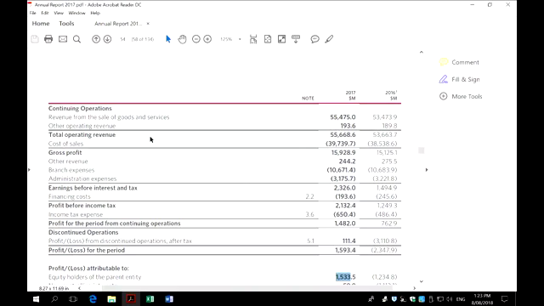Cost of sales. Woolies does not provide a detailed structure of the cost. On top of that cost of sales, you will see branch expenses and administration expenses. So that cost of sales will most likely be the cost of goods sold.